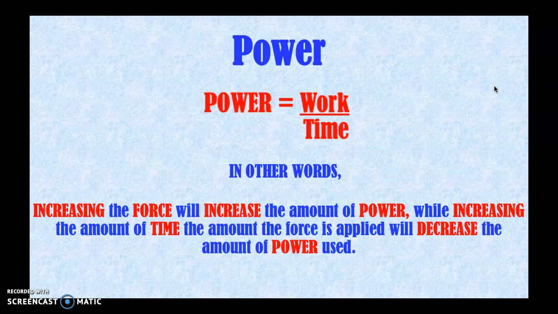They do the same thing. They are directly proportional. Okay, since time and power are inversely proportional, increasing the amount of time will decrease the power. Again, something you need to remember when understanding how much power is being used.